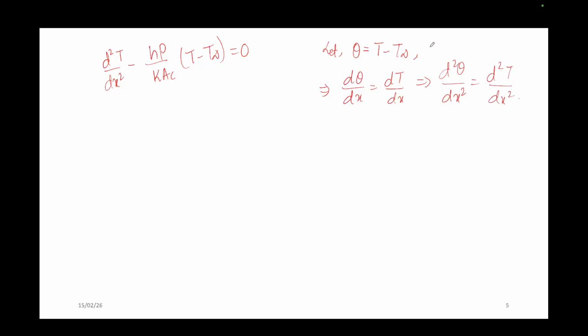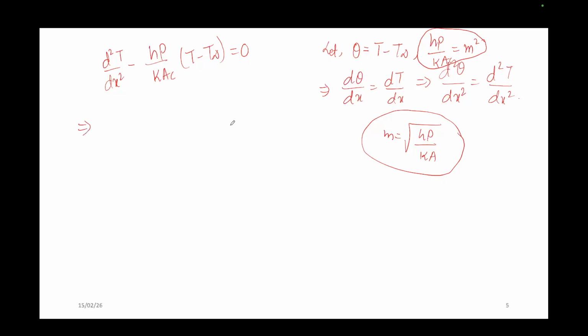And one thing I have considered is that this hP by kAc, I consider as m square. m is a number or a constant. So what basically is m? m means root over hP by kAc. So that is our m. m is a constant here.